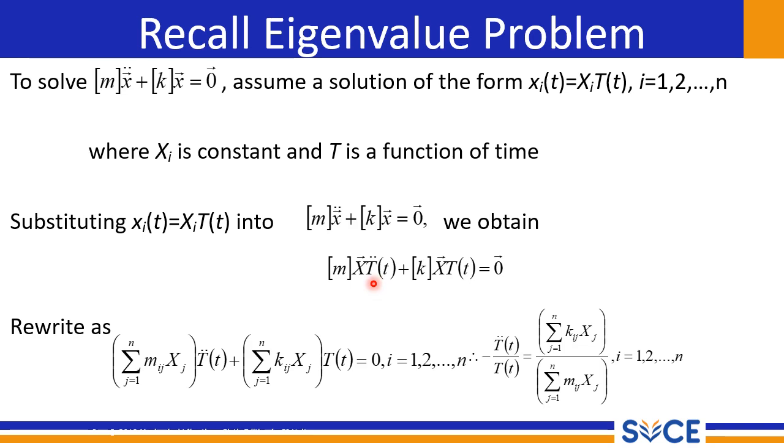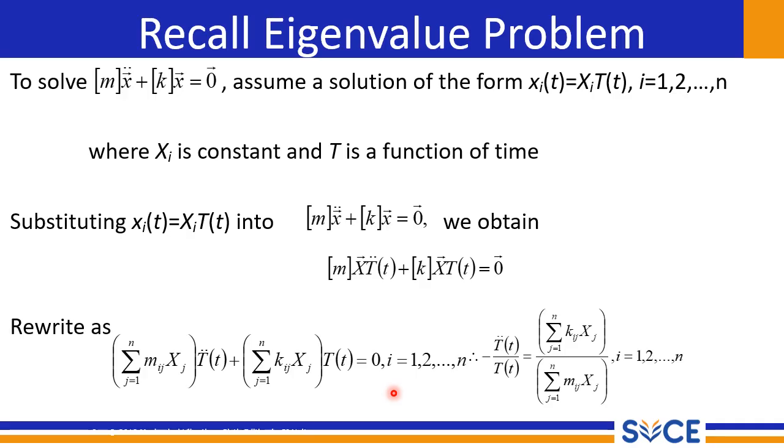Hence this gives us M X T double dot of t plus K X T of t equal to 0. Now we can rewrite this same equation by considering the ith component of this vector equation, that is 1 to n. This will look like the equation as it is presented here.